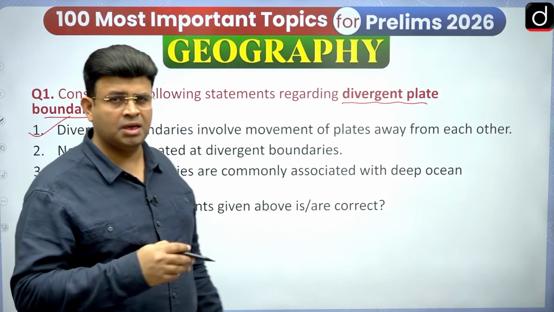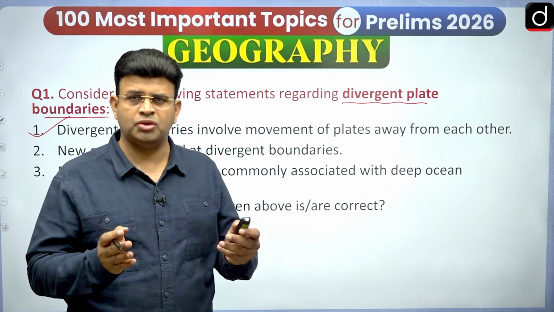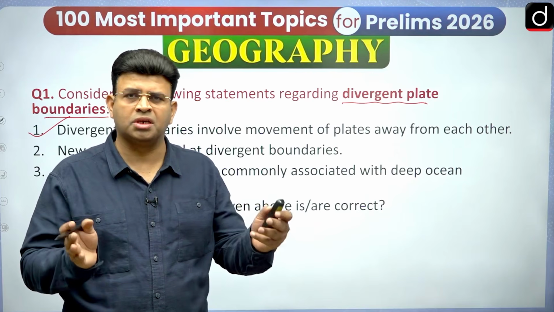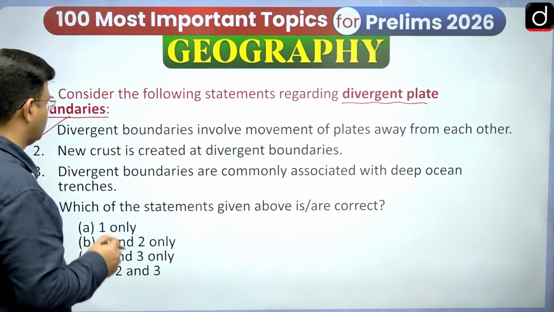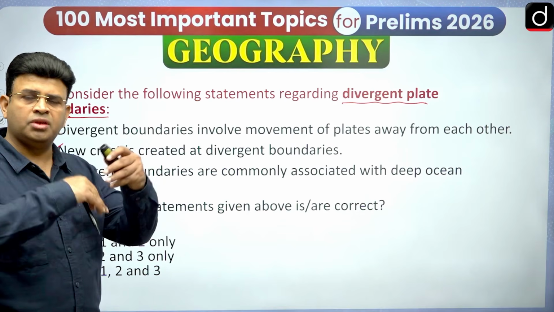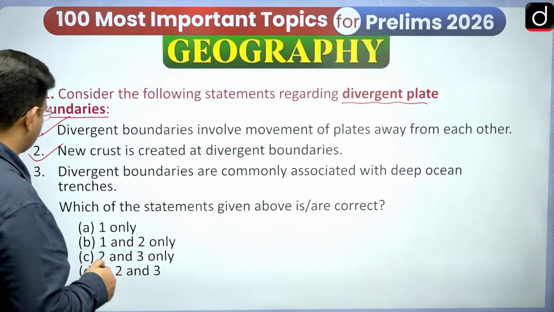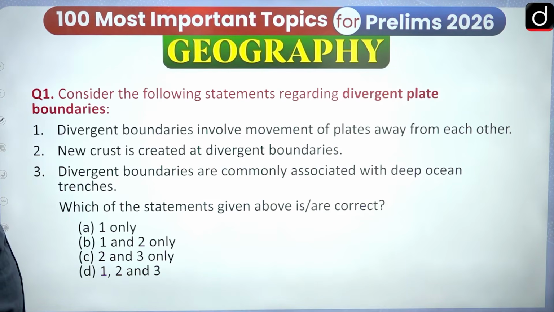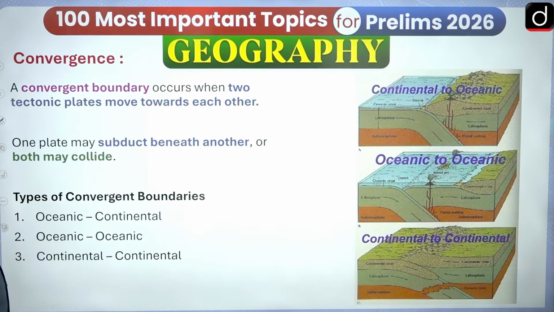In the second episode I gave clear information about how new oceanic crust forms along the divergent boundary, so this is also correct. The third says divergent boundaries are commonly associated with deep ocean trenches. No, convergent boundaries are associated with deep ocean trenches. So the third statement is wrong, and 1 and 2 only are correct.